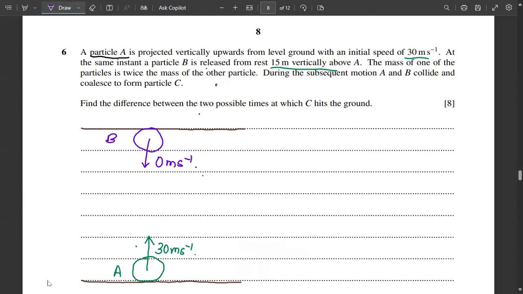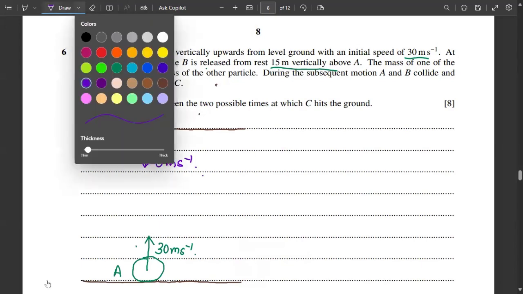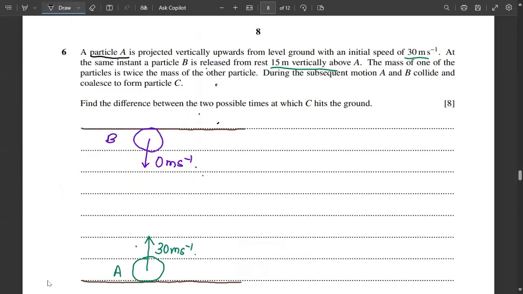The mass of one of the particles is twice the mass of the other. Oh, so that means... Very important and very confusing for many of you right now. If mass of B is x kg, then the mass of A will be 2x.